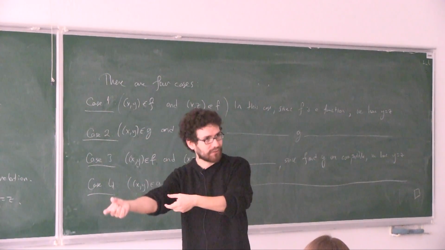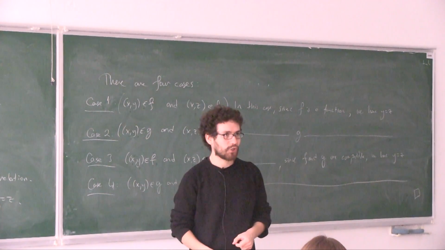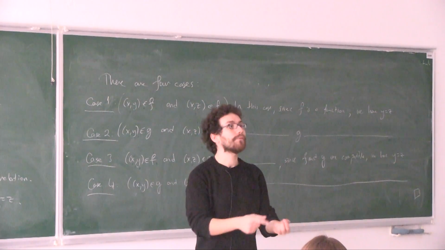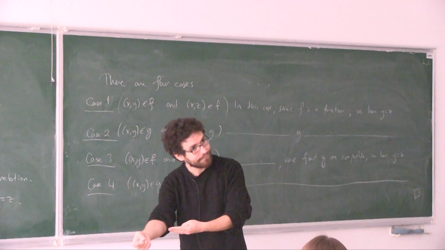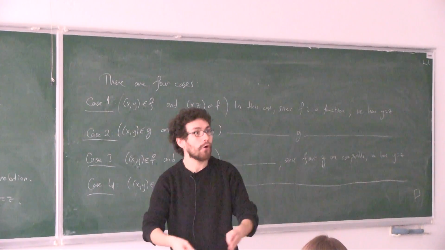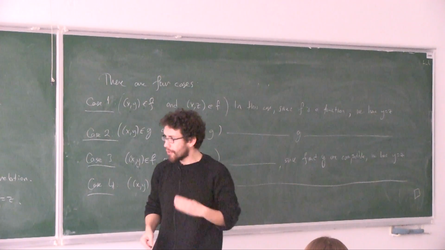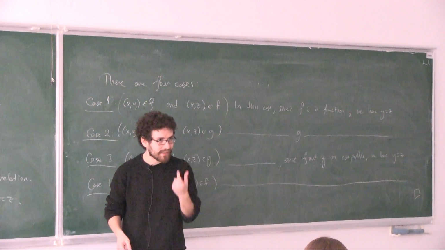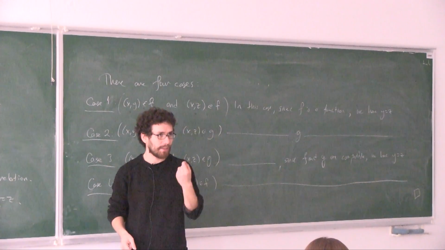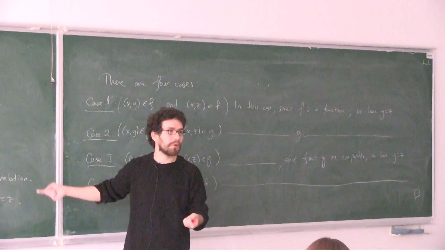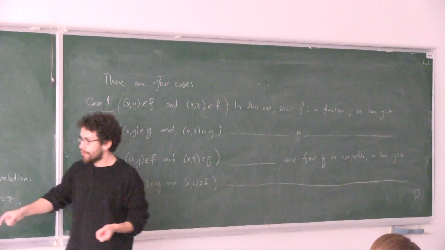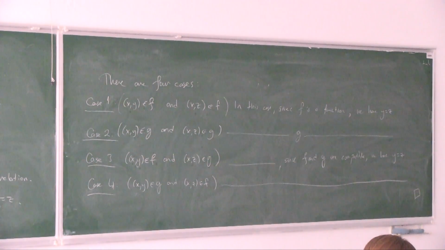A function is a special type of a relation. So what's a function? It's a set of ordered pairs. No, there are no rules satisfying some property. Forget the rule part. So a function is a set of ordered pairs satisfying a property, namely the property of being well defined. Okay? So its elements are ordered pairs.